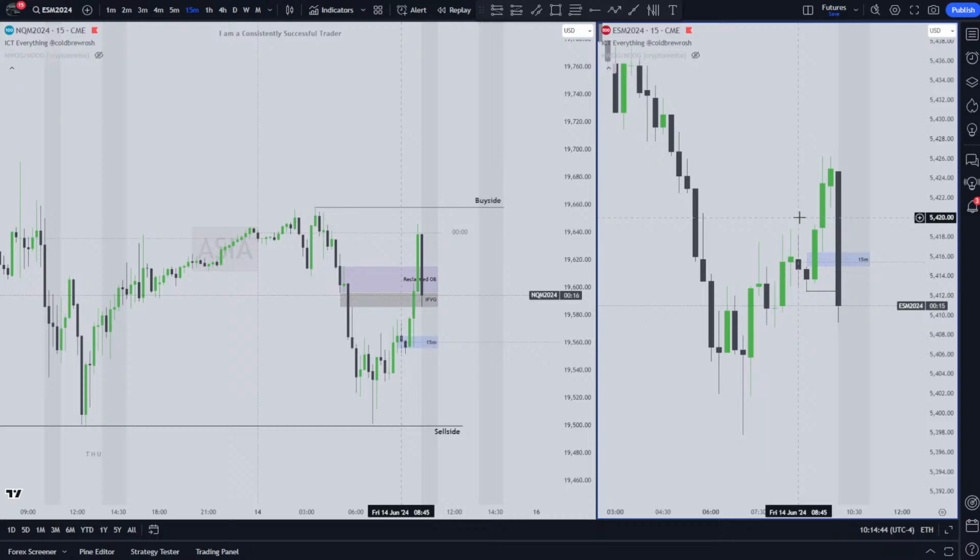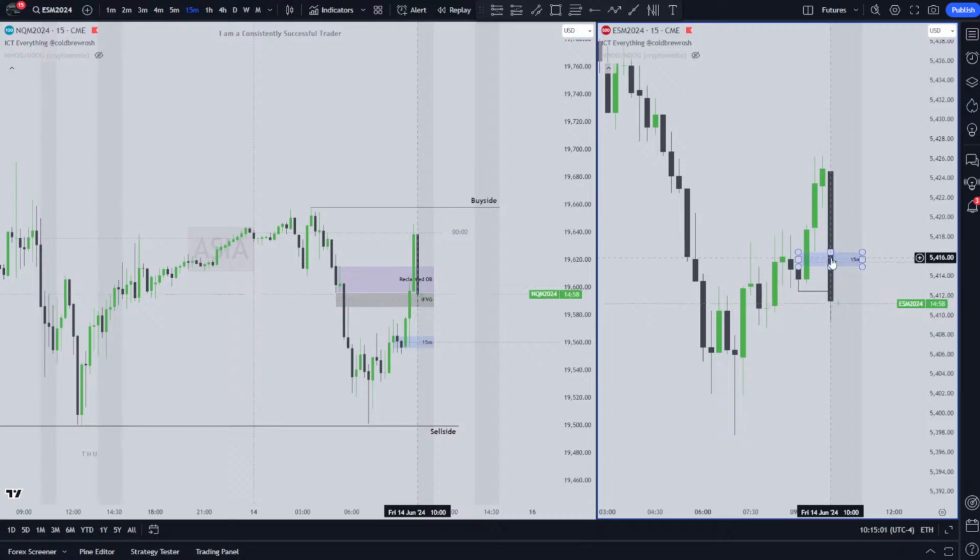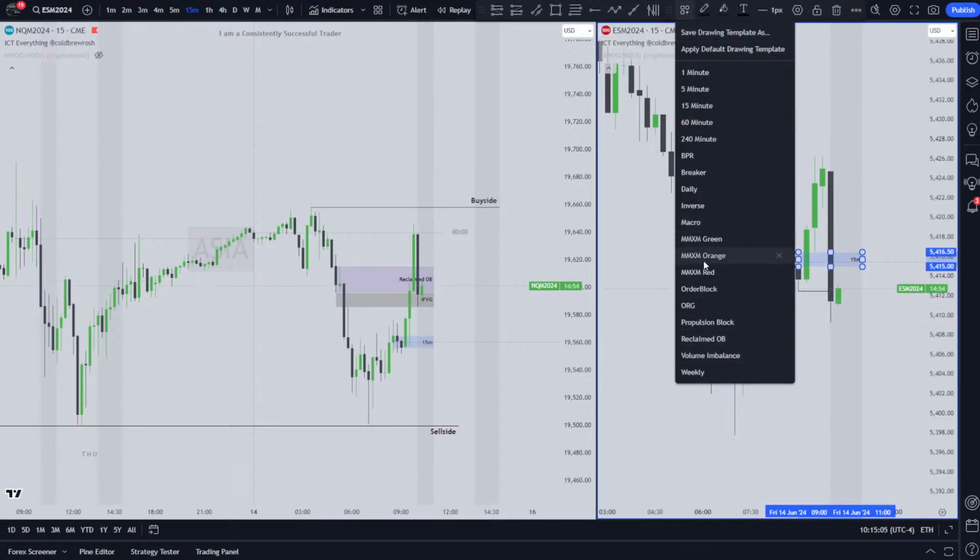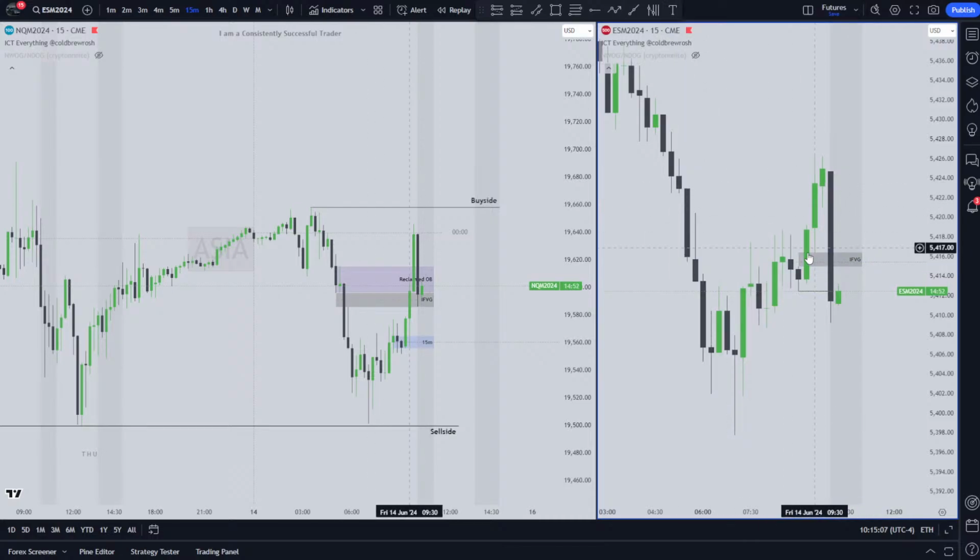But when you get time involved in this, that's when it's more important, and it can lean more towards market structure shifts, right? Because if time's involved, there's usually a reason why that low has been swept. Okay, so we inversed this fair value gap, and we created reclaimed order blocks.